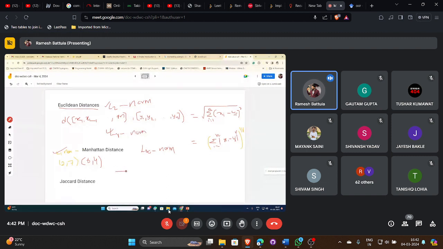So first of all, what are L1 and L2? How do you solve for the L2 value? Square root of (2 minus 6) whole square plus (7 minus 4) whole square.